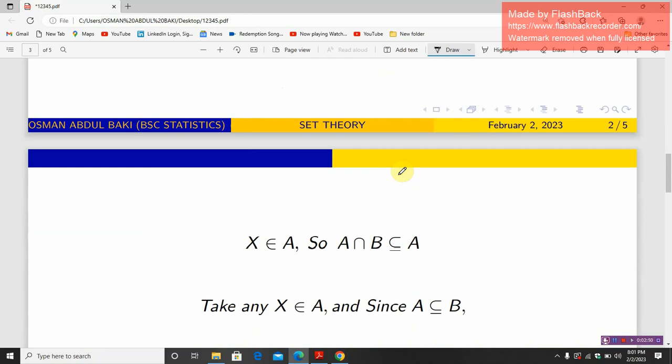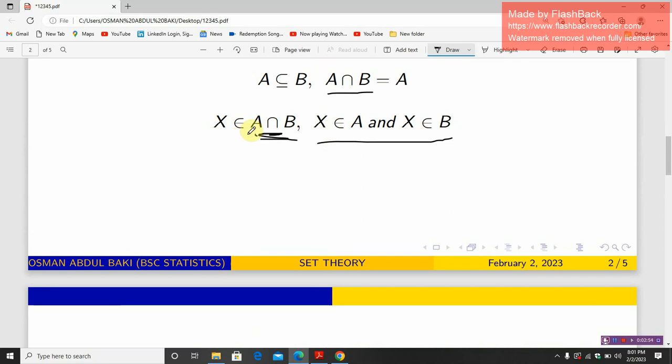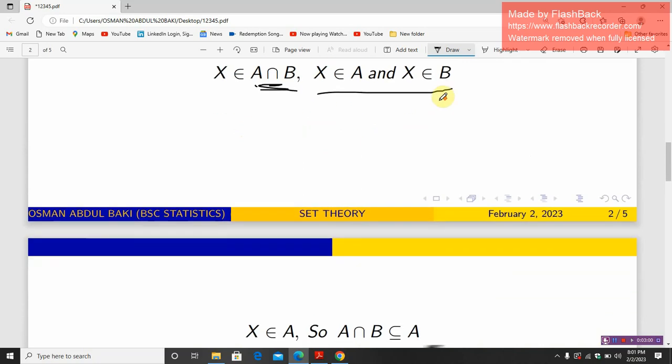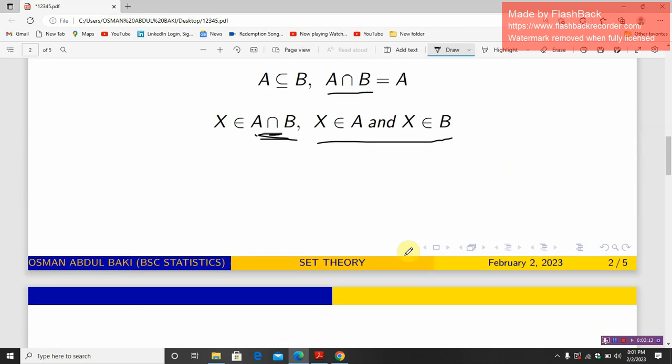So continuing with the solution. If X is an element of A intersection B, meaning X is an element of A and an element of B, and X is an element of A, then A intersection B is a subset or equal to A. Don't forget the pattern.